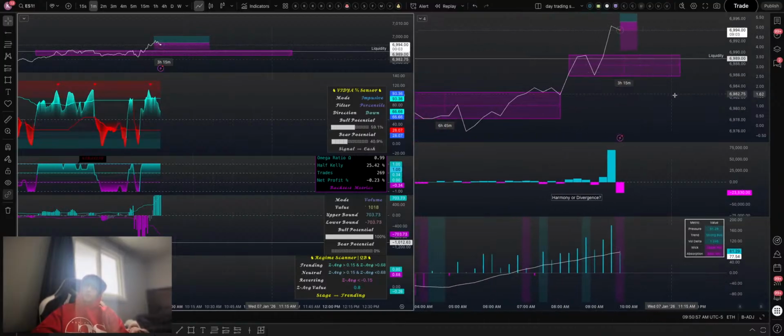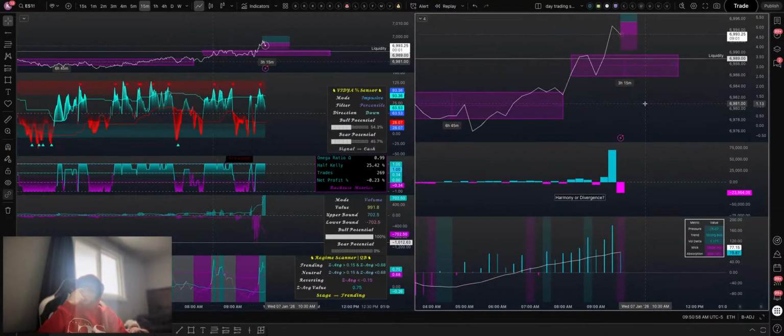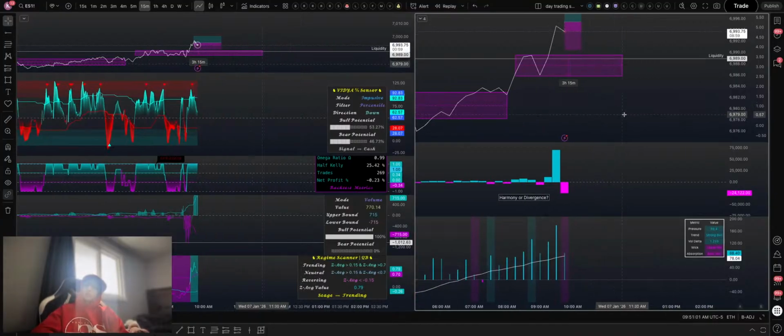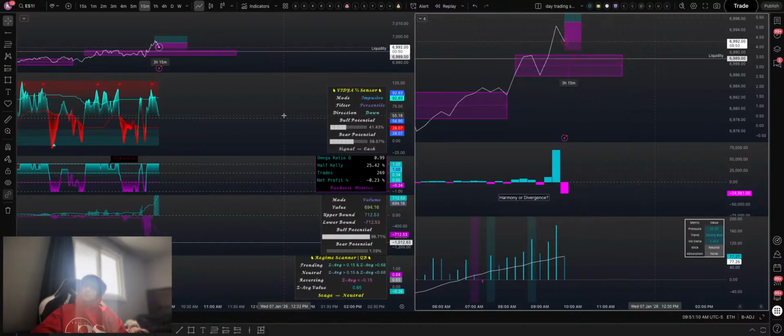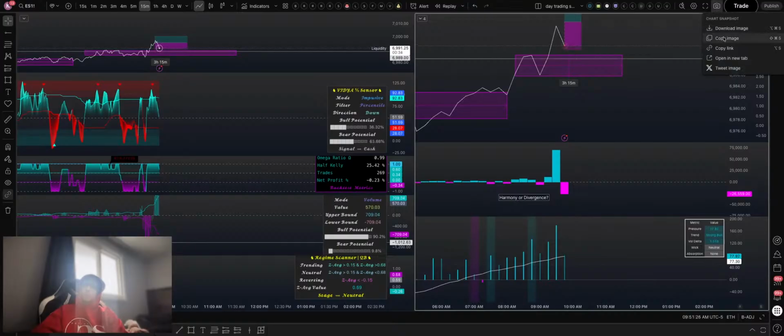Looks like we're having like 15-minute divergence a bit. 15-minute price action is still pretty bullish though. Looks like we're gonna get stopped out here. We got stopped out. Order filled. So get one more shot, guys.